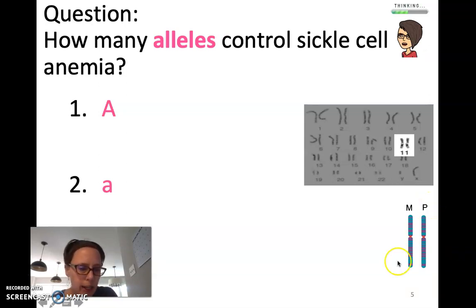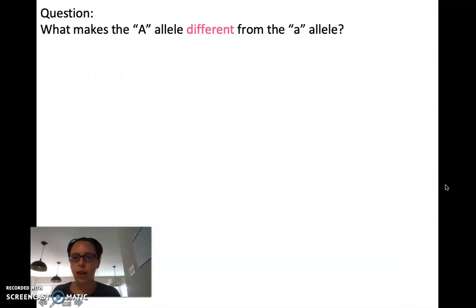Why don't we take this purple band right here and this purple band right here, and we're just going to label that the person could have, say, a big A on the maternal chromosome and a little a on the paternal chromosome. Okay, so in this situation, the person has 2 different alleles for sickle cell anemia. Okay, let's go on to the next slide.